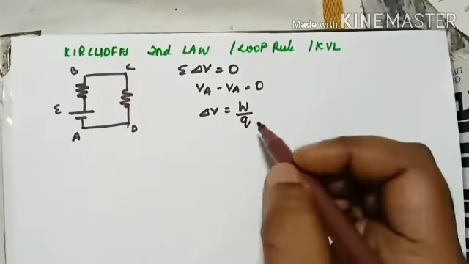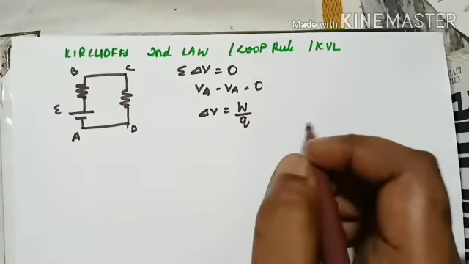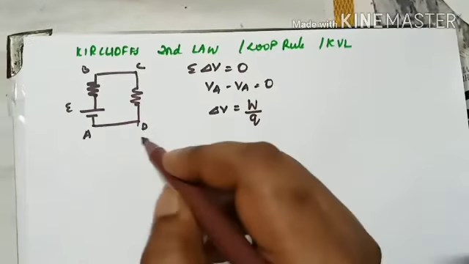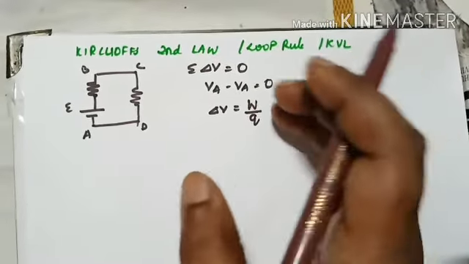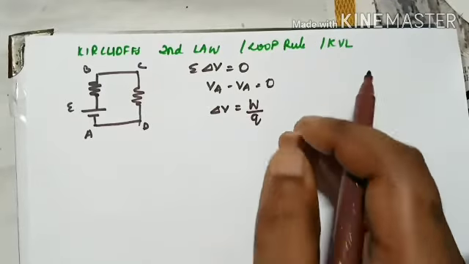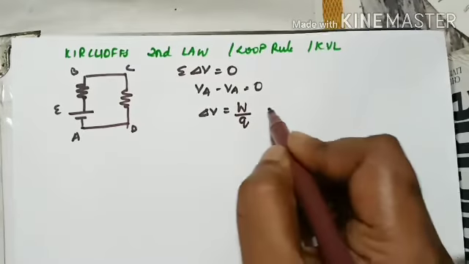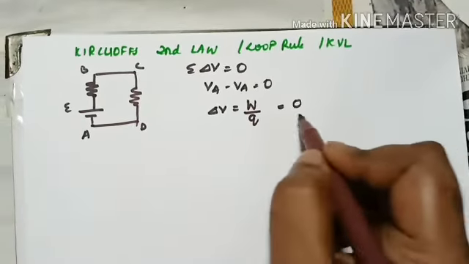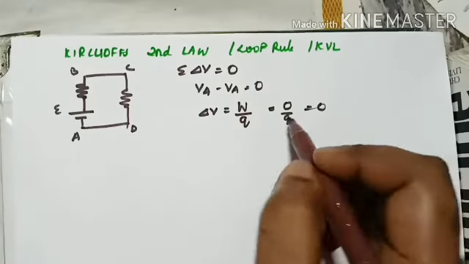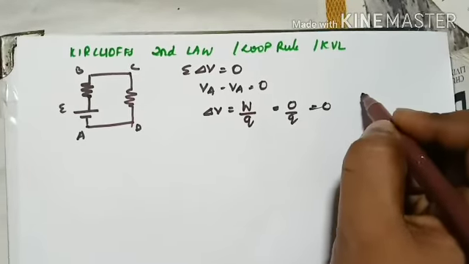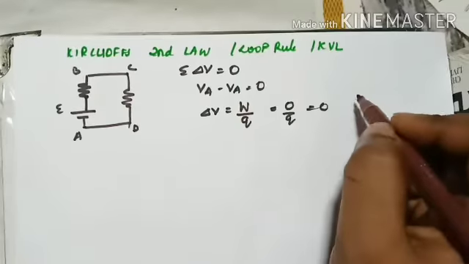Now from this expression, what can be clear? What is work in a circular motion or a loop? When you start from the initial position and come back to that same initial position, the total work is zero, right? So 0 by Q, obviously delta V will also be 0. Now you also know there is a relationship between potential energy and work.